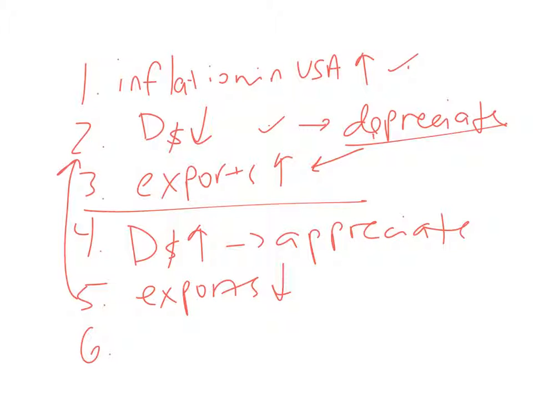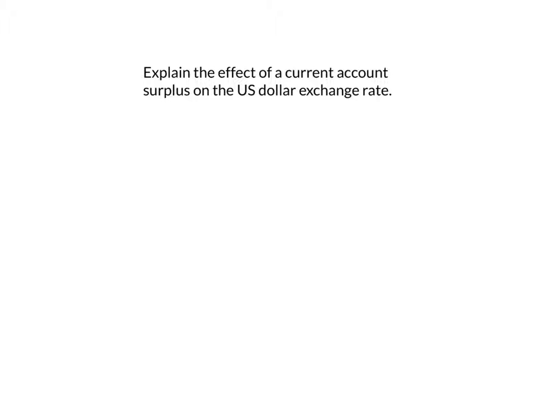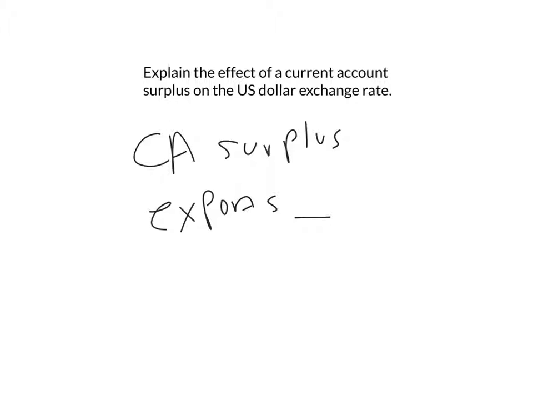If they start at the exports increasing, so if U.S. exports increase, that'll cause the demand for the dollar to rise and the dollar to appreciate. But they don't ask for any sort of back and forth, just notice that there is that back and forth that occurs. And then lastly, if we start with a current account surplus, what will happen to the U.S. dollar exchange rate? If the American current account is in surplus, that means that exports are greater than imports.